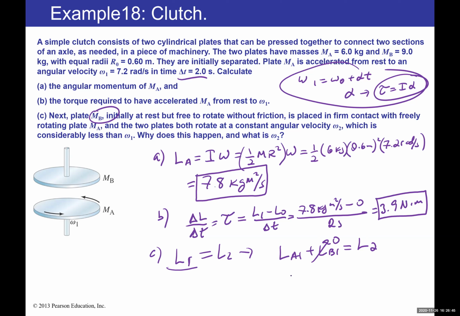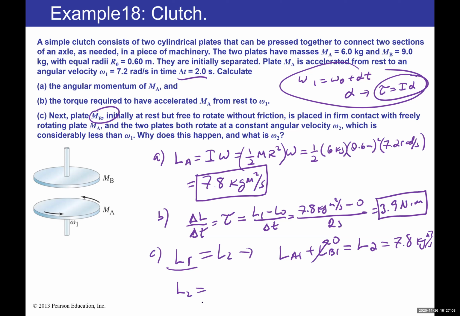So the angular momentum of my system before was just the angular momentum of A. So L2, the final angular momentum, is equal to the initial angular momentum of plate A, which means L2 is 7.8 kilogram meter squared per second.